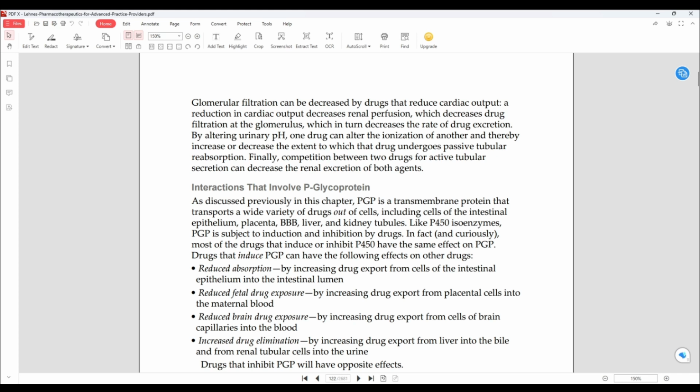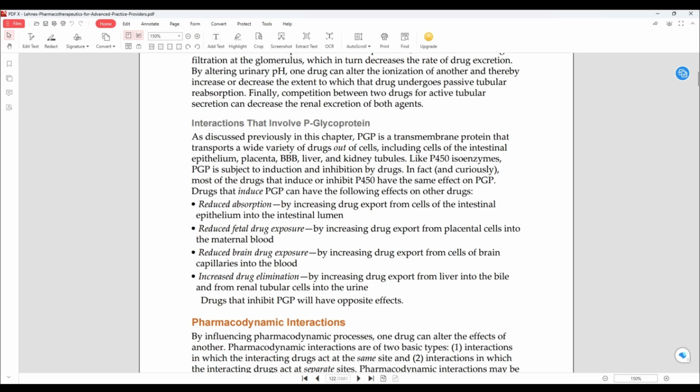By altering urinary pH, one drug can alter the ionization of another, and thereby increase or decrease the extent to which the drug undergoes passive tubular reabsorption. Finally, competition between two drugs for active tubular secretion can decrease the renal excretion of both agents.